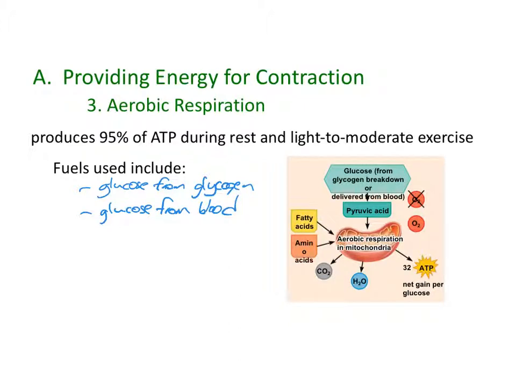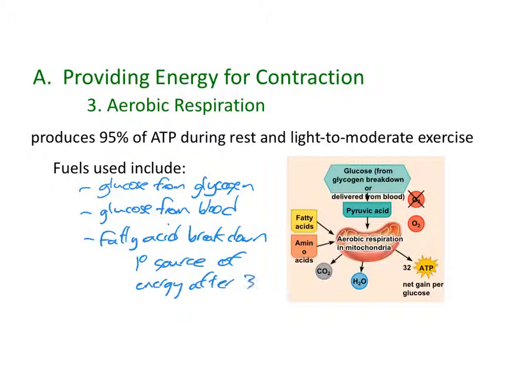And finally, you can also use aerobic respiration on fatty acids. Fatty acids, after about 30 minutes of exercise, are the primary source, which means you have to exercise for 30 minutes before your body starts burning fat.